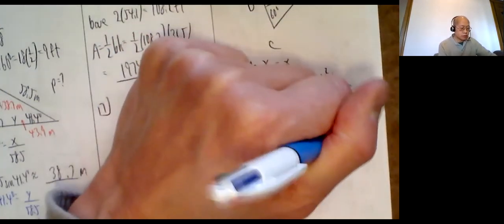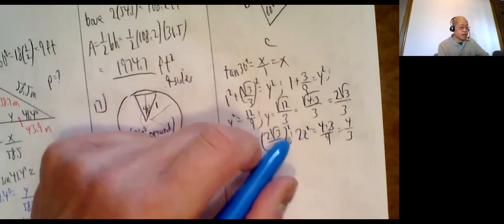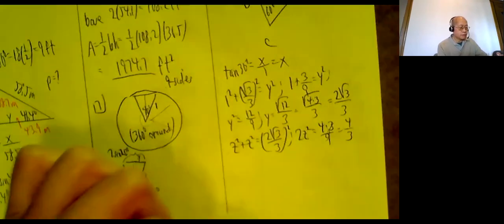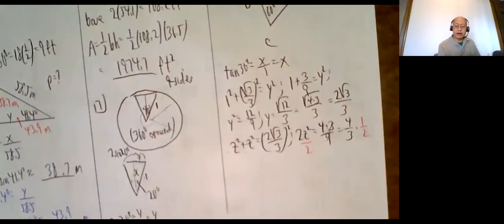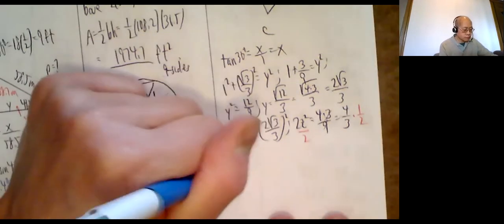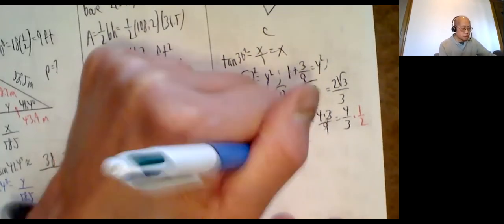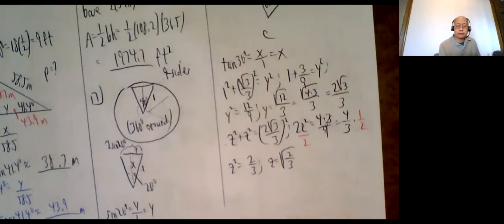Cancel, cancel. It's 4/3. Take half of each side. So divide by 2. Divide by 2 means multiply by a half. Z squared is 2/3. Z is the square root of 2/3.